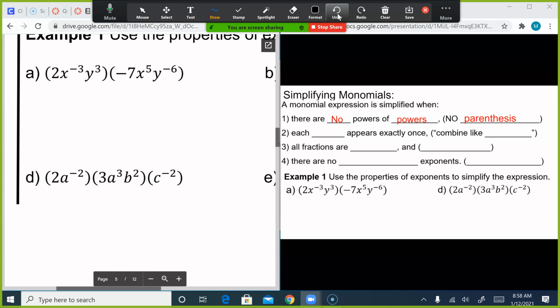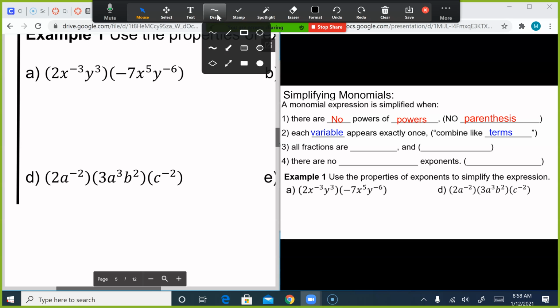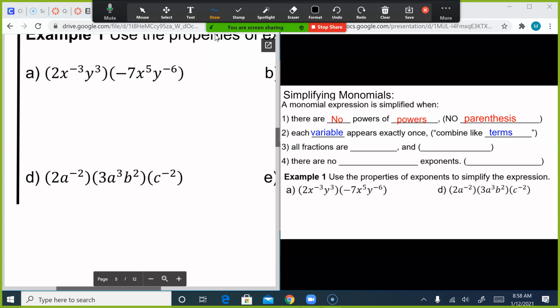And then we need to make sure that each variable appears exactly once. So it's kind of like we're combining like terms. All right, so over here, because everything is multiplication, multiplying the parentheses, multiplying the numbers and the x and the y, and the coefficients and the x and the y, we can actually rearrange it so that all our like things are together.